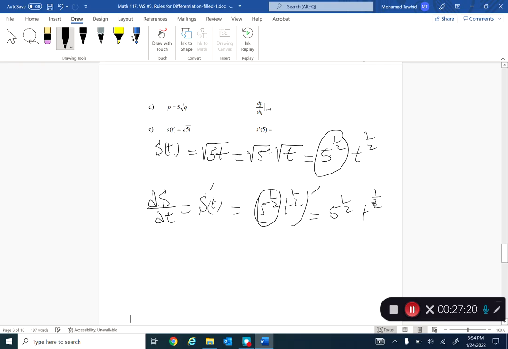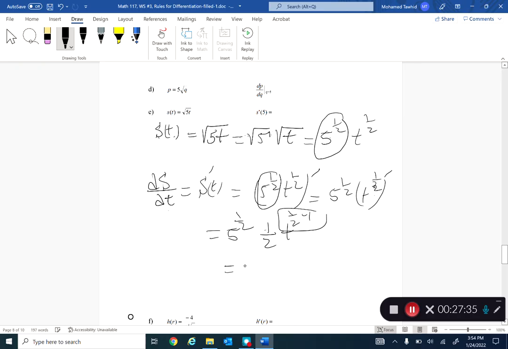You have t to the power 1 over 2, prime. What is the derivative of this? It will be 1 over 2 t to the power 1 over 2 minus 1, n minus 1. Simplify this, you have 5 to the power 1 over 2, times 1 over 2, which is constant, and t to the power negative 1 over 2.